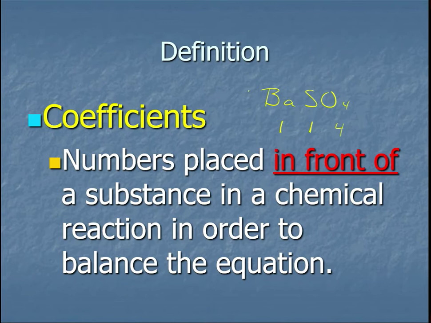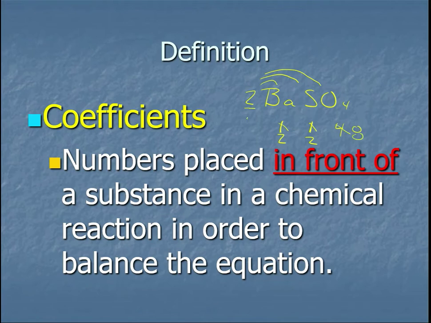But if I put a 2 out front of the compound, that means I have 2 times everything inside this compound, which means now I have 2 bariums, 2 sulfurs, and 2 times 4, or 8 oxygens.